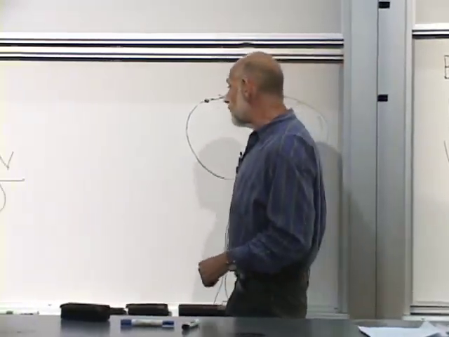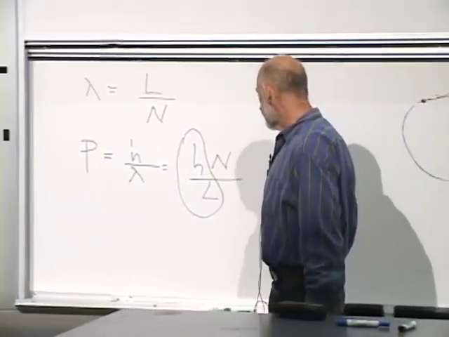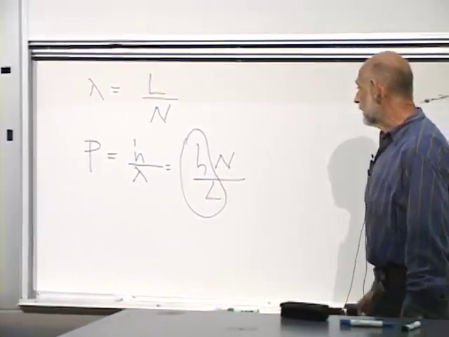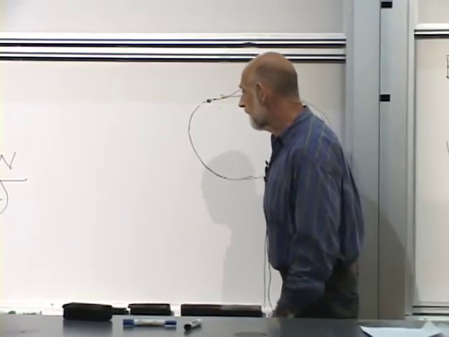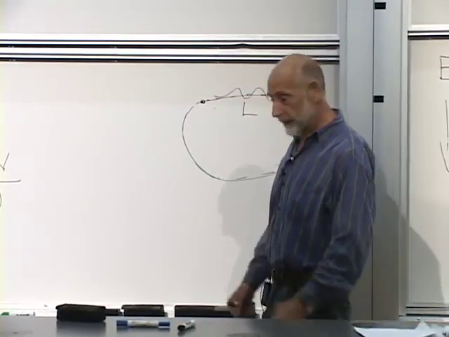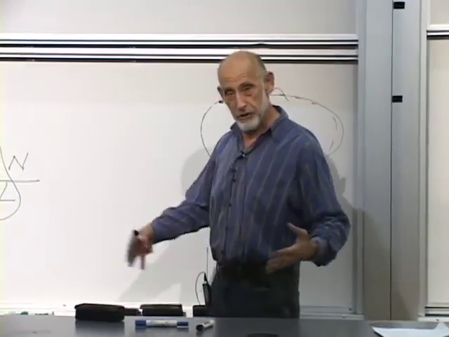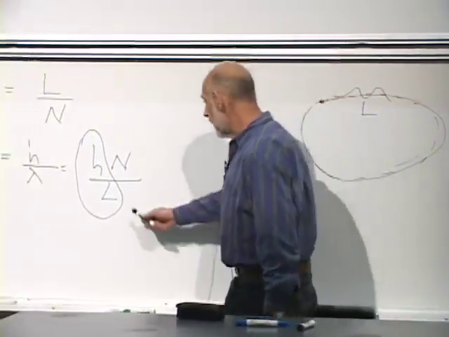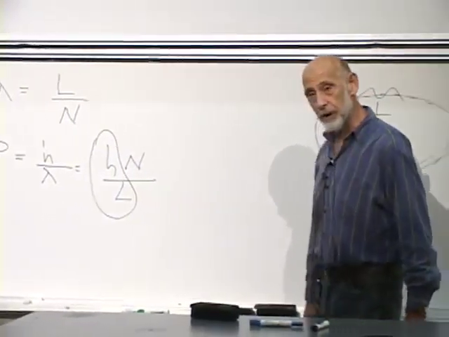Now, of course, h is a very small number, and if L is a big macroscopic length of wire, 1 over L is a very small number.